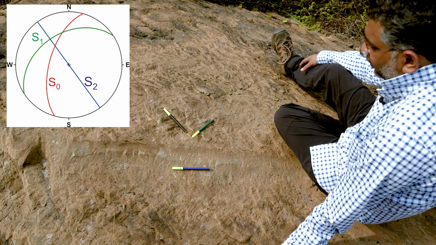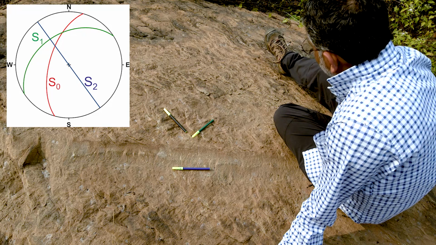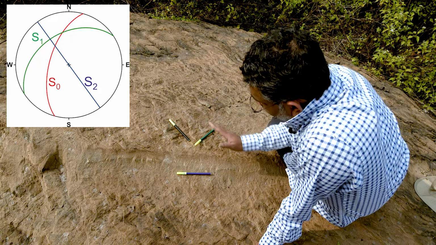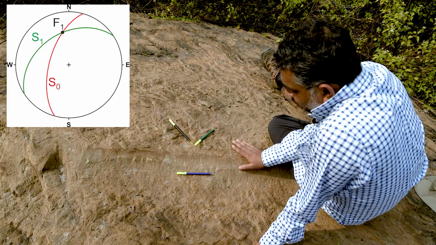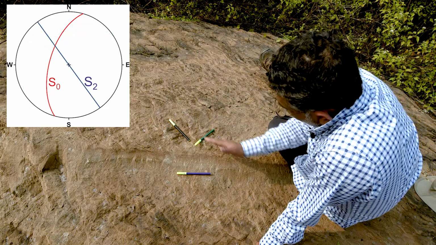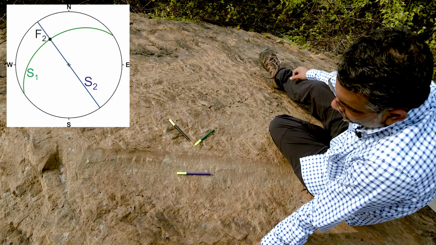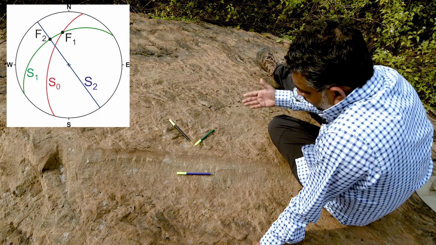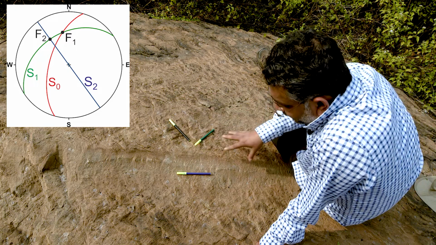Now, we will take the measurement of all these surfaces. We try to find out the relationship, that means the intersection lineation between S0 and S1, between S0 and S2, and between S1 and S2, and all these in combined form will give us the fold axes F1 and F2, and we will figure out how these F1 and F2 are related here.